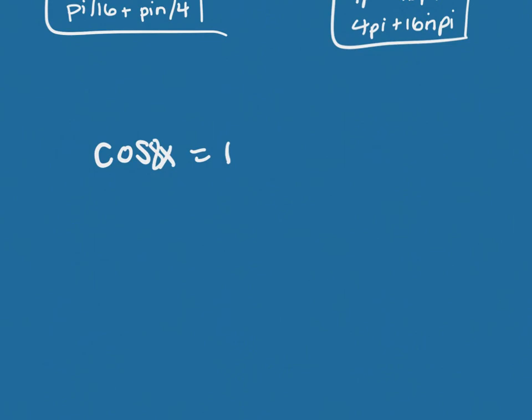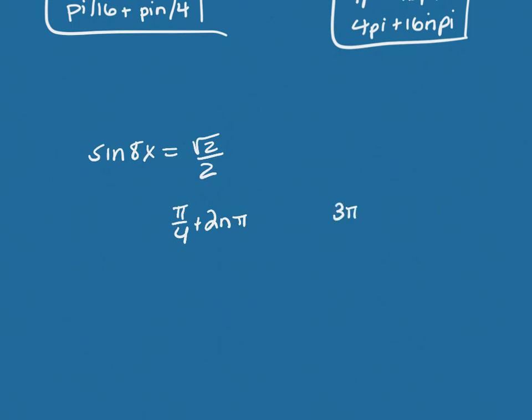You mean like, what if it said sine 8x equals, let's say, root 2 over 2. So sine of x is root 2 over 2, 2 places on my unit circle, right? It's at pi over 4 plus 2n pi, and it's at 3 pi over 4 plus 2n pi. So then 8x equals both of those. So I would divide everything by 8 twice.